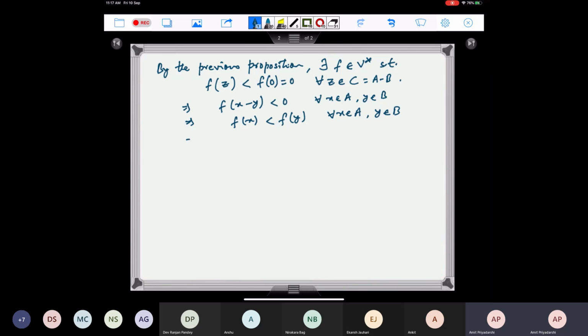So this also implies that the supremum of f x, x belonging to A, will be less than or equal to the infimum of f y, y in B. And when you take the supremum and infimum, it may be equal also. So we get this. So you choose any alpha which is between these two numbers, and that will do.